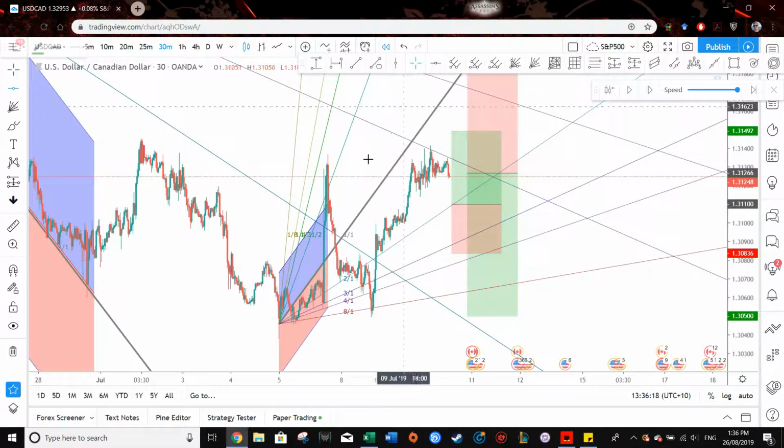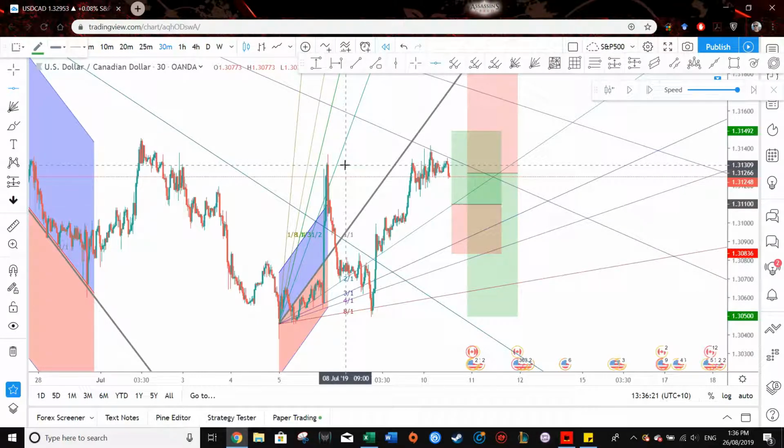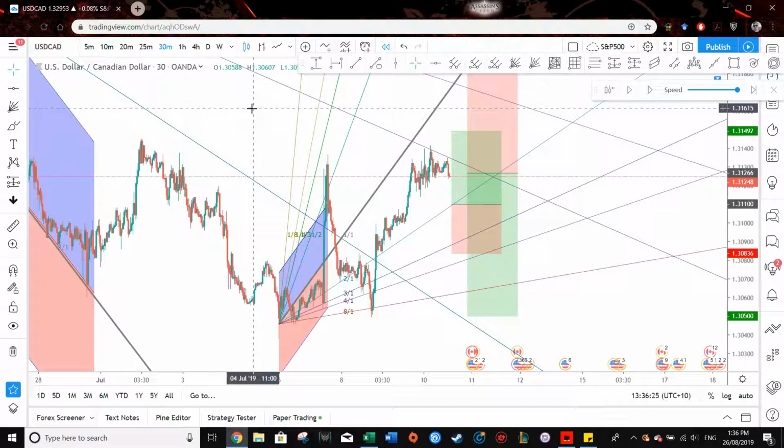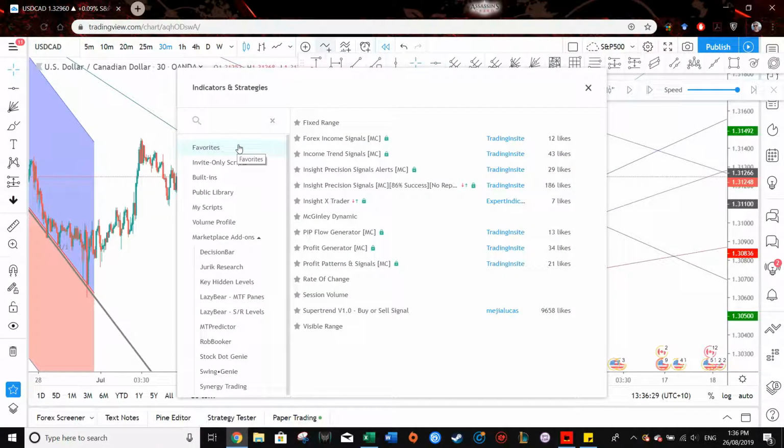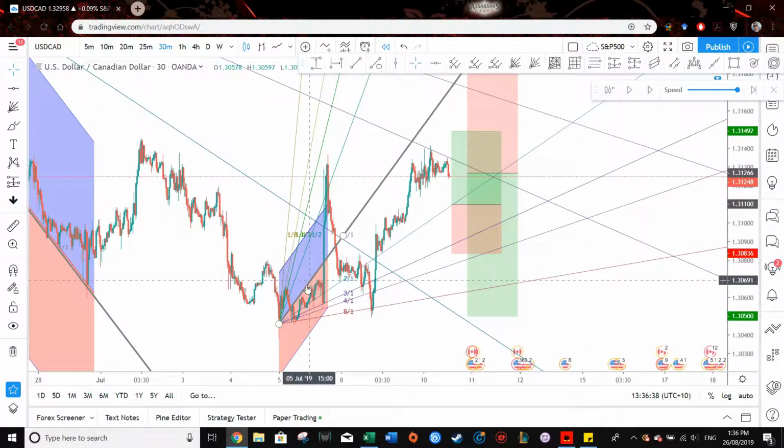What do you think? I think so, because there's also heavy resistance at that area. So where would you say? What, here? One of those is the volume profiles. Which one would you use? Would you use fixed? Yeah. Why would you use fixed?